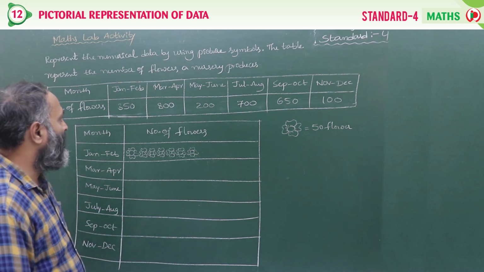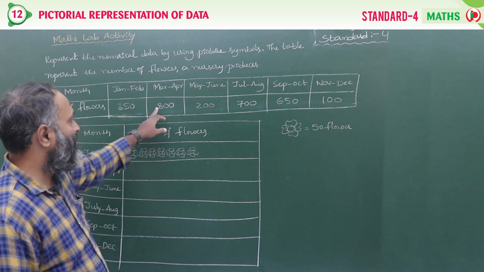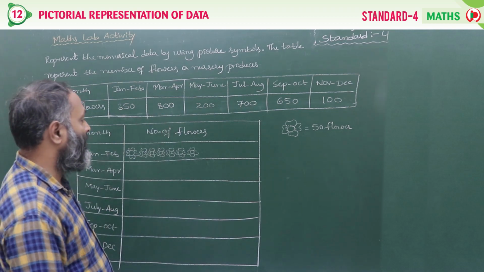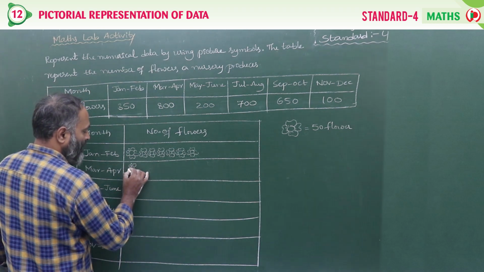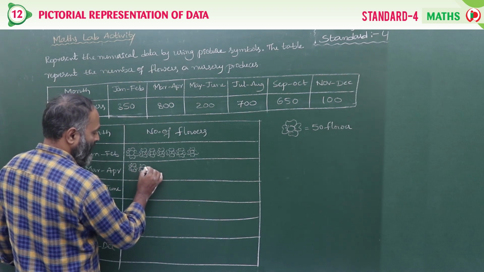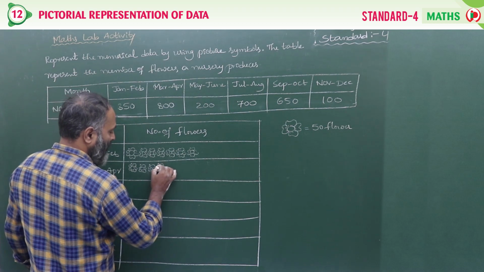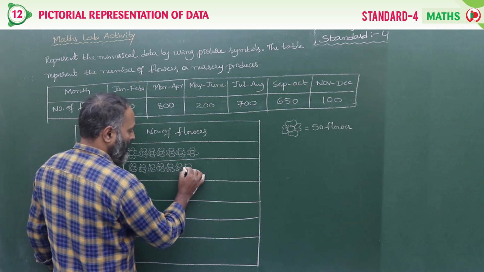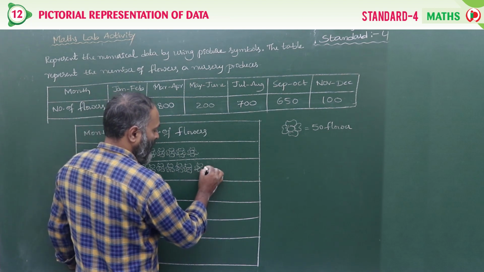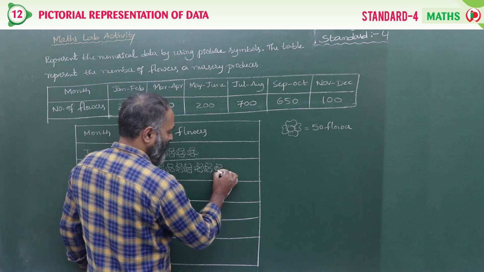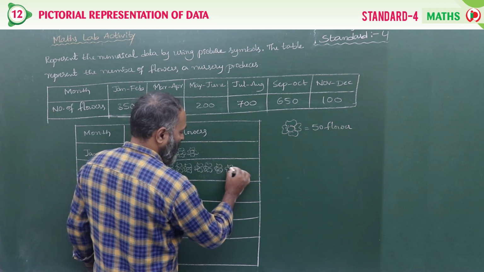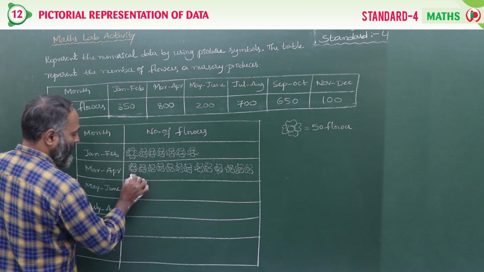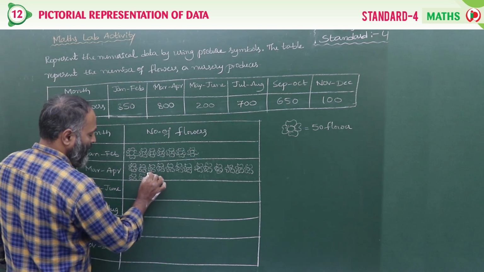Here 800 flowers in the month of March and April. How many flowers should we draw? Check where 80 will come in the 5 table: we have 16 flowers to draw. 1 flower means 50, 2 flowers means 100, 3 flowers means 150, 200, 250, 300, 350, 400, 450, 500, 550, 600, 650, 700, 750, 800.